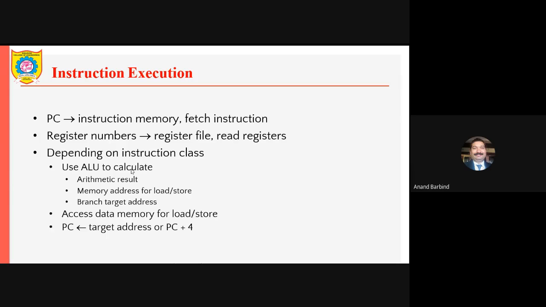Later on the processor has to access the data memory for load or store depending on that, and the operation said in the instruction is performed. The instruction contains the machine code that indicates what operation is to be performed, and upon that the ALU is going to act.